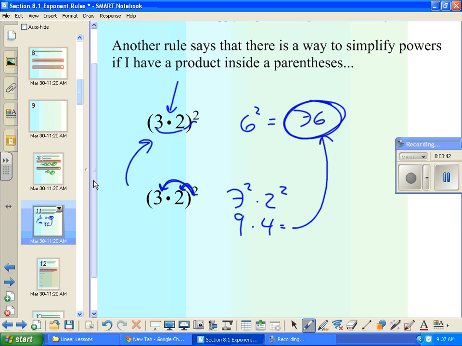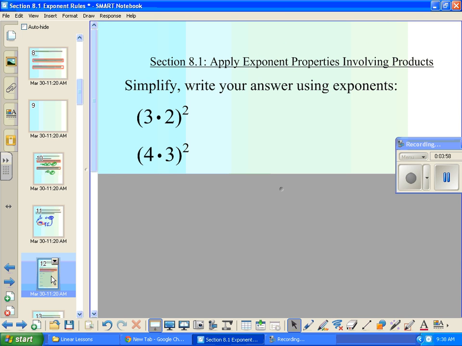I'm showing actually with this second one, here's the rule that we're going to talk about today. If I have things multiplied together in parentheses, and it's to a power, I can just apply that power separately to each of those things, whether it's numbers, variables, no matter what. And notice it would give me the exact same answer. So again, going on to the next page here, this was that first problem.